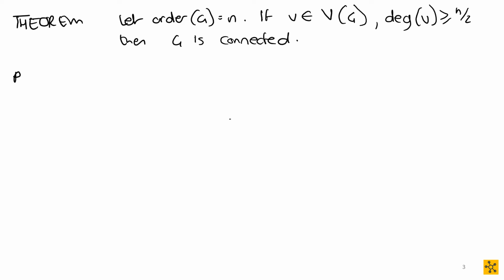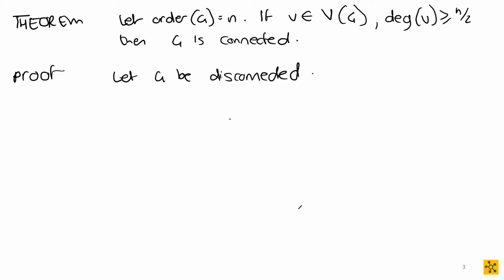So we have a proof. We're going to have: let G be disconnected. So remember, the whole idea for indirect is that we assume not B, and B in this case is G is connected. So we assume that G is disconnected. Then we're going to take just some information that we already knew.